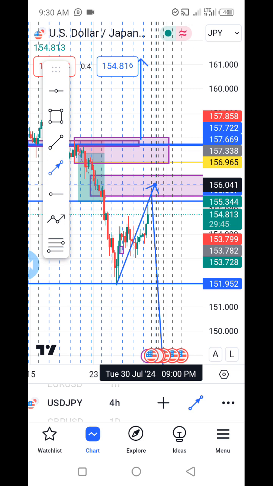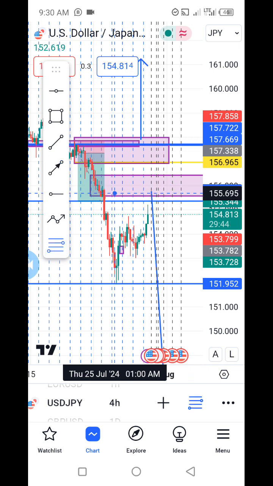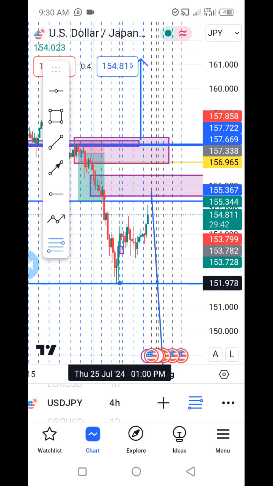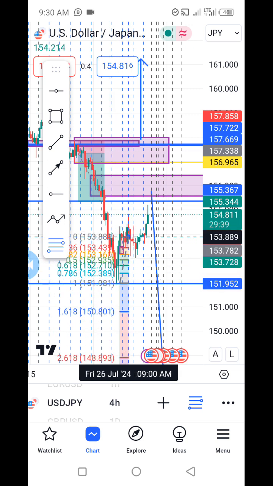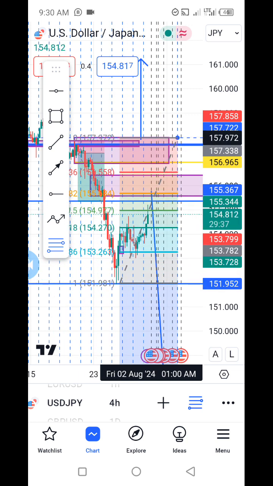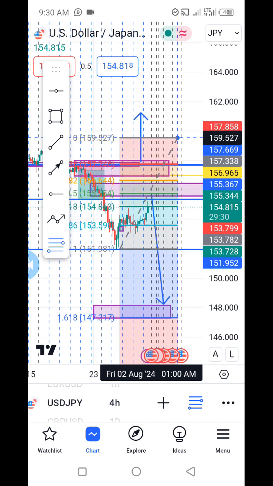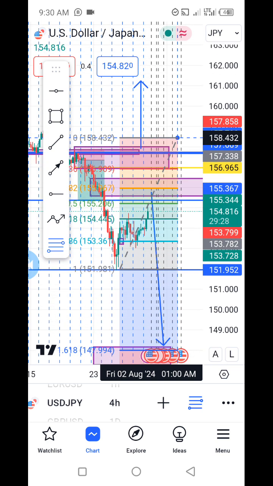But how are you going to know when price will turn back? That's when you now use your Fibonacci retracement. You draw it from your lower break of structure, lower low, to your higher high. That's how you're going to draw it. And mind you, you are drawing it from the low, not from the high, right? You're drawing from the low.